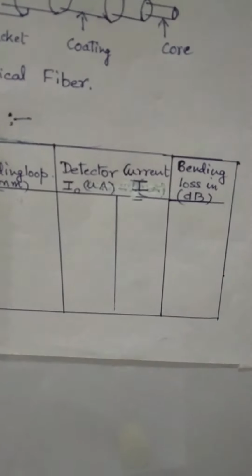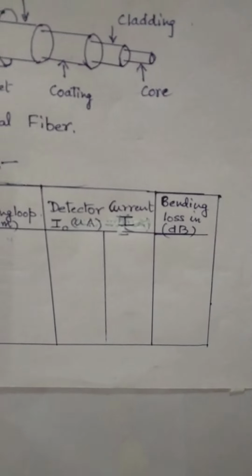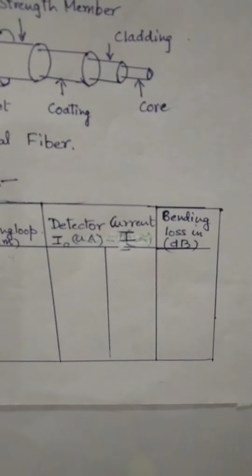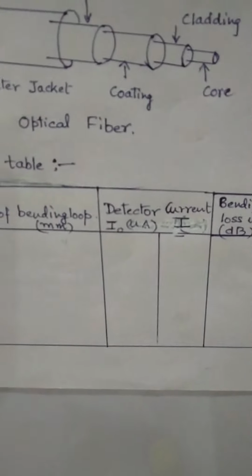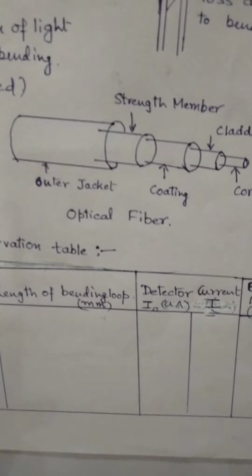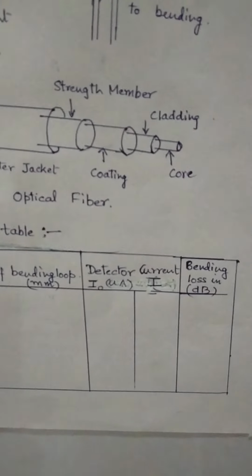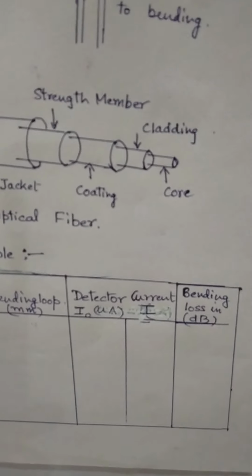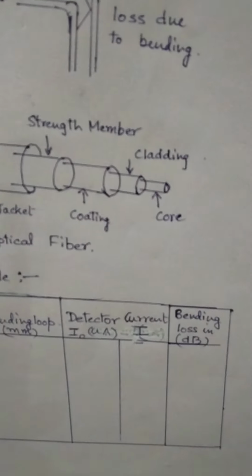After calculation, the bending loss is to be determined, and it should be written in the last column. The graph is drawn between the length of the bending loop and the corresponding calculated bending loss.